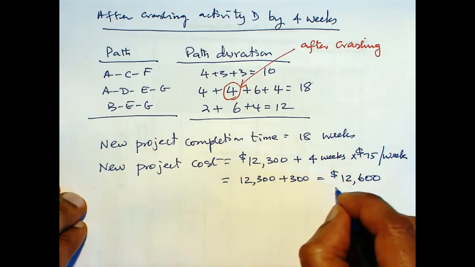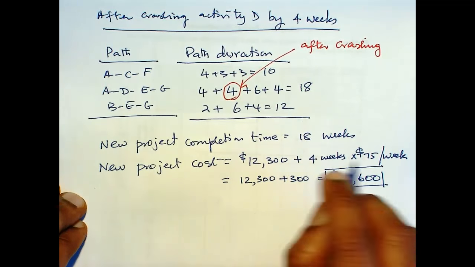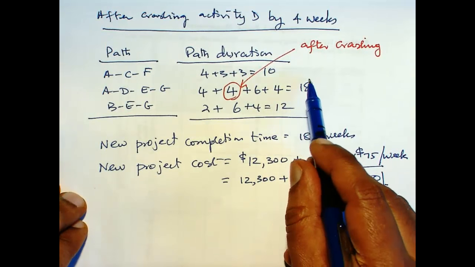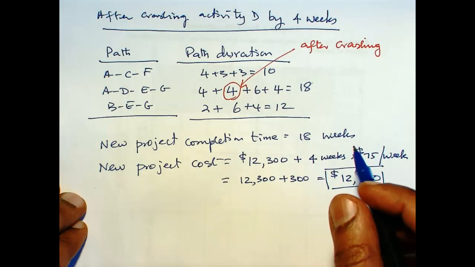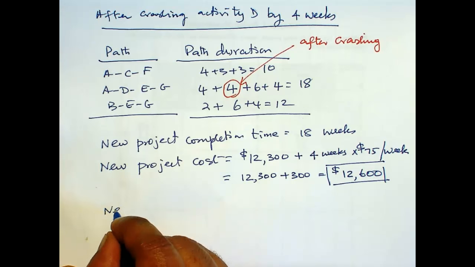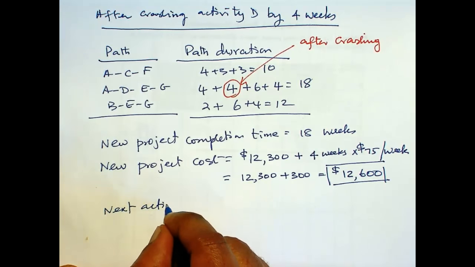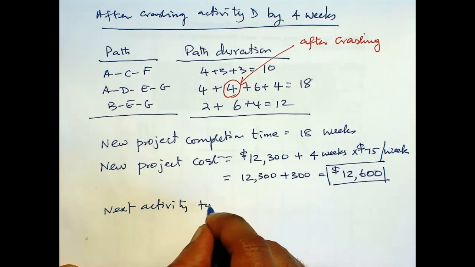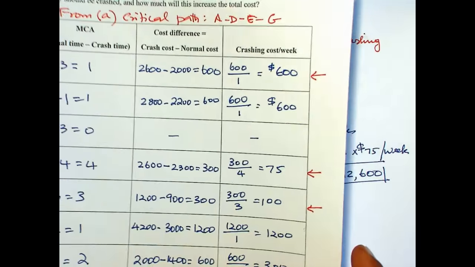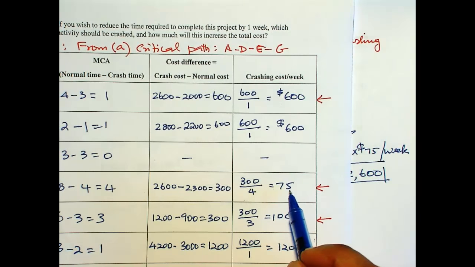Okay. Now if we are satisfied with 18 weeks, then we can stop here. If not, if we want to crash some more, then we have to repeat this process. So next activity to crash will be what? Going back here, now you see that D is already crashed all the way. So D cannot be crashed anymore.